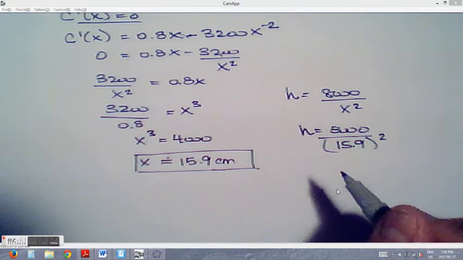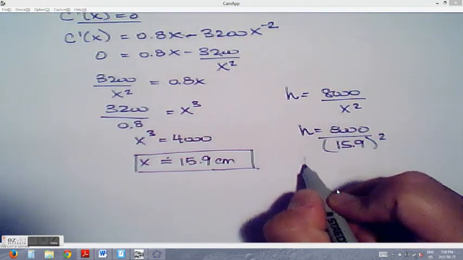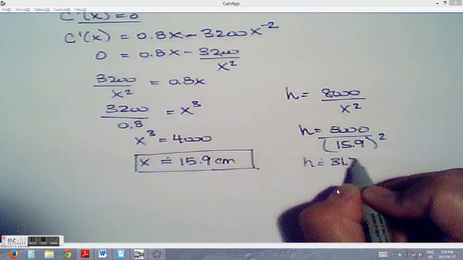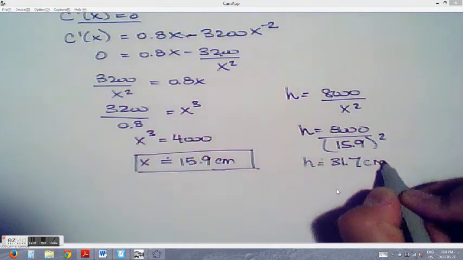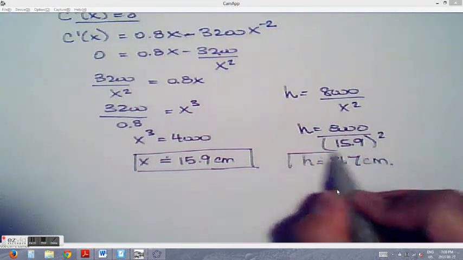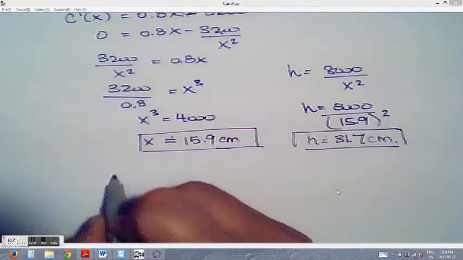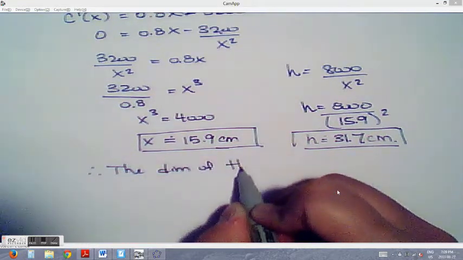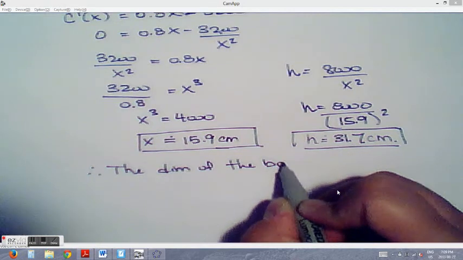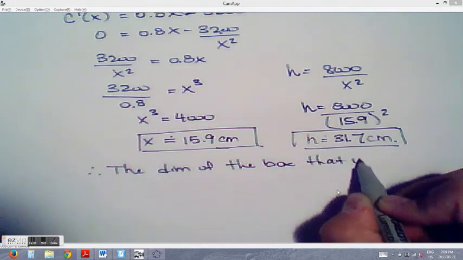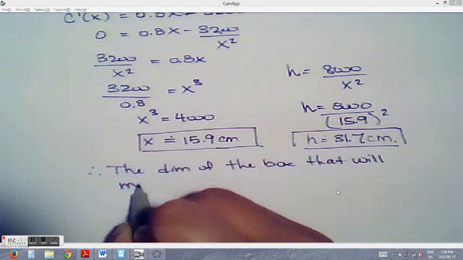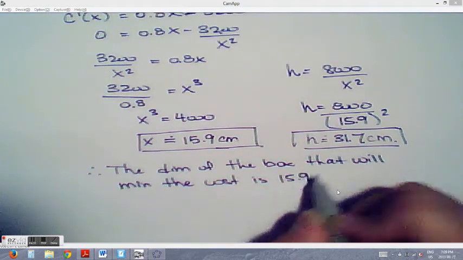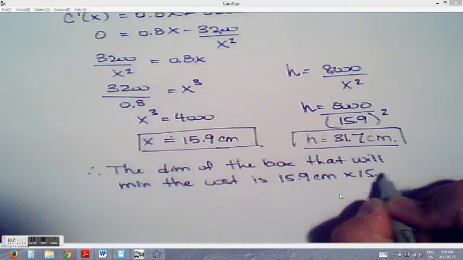Okay, and now punching that into our calculator, the height is equal to around 31.7 centimeters. So therefore the dimensions of the box that will minimize the cost is 15.9 centimeters by 15.9 centimeters.